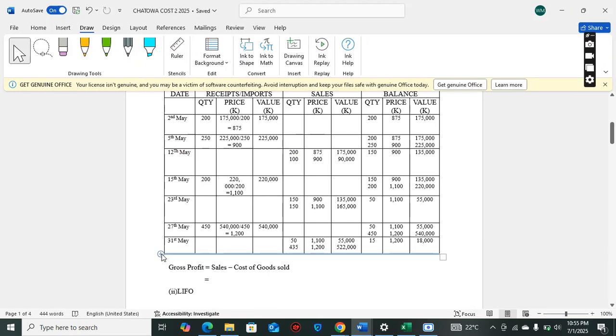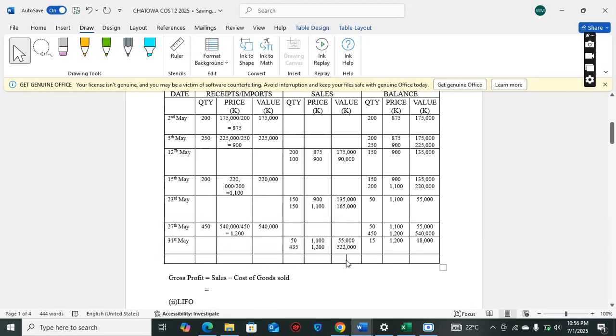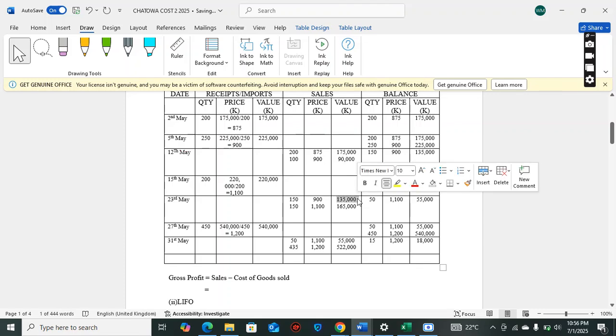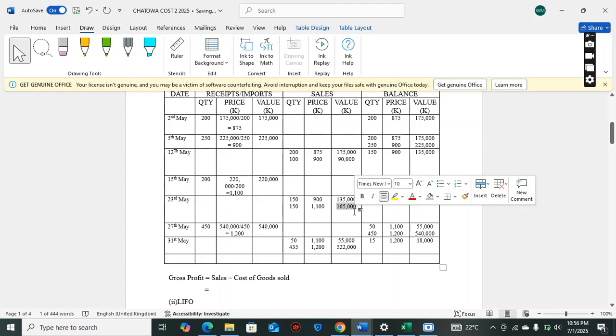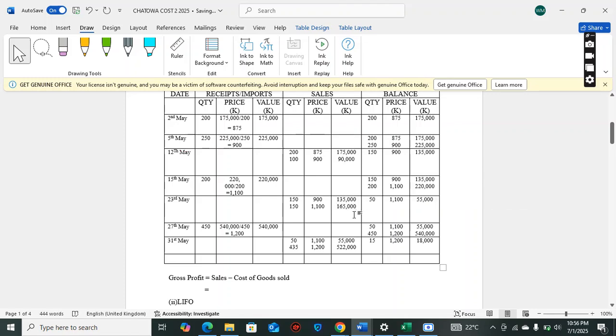So the cost of goods sold here, let's just tabulate our total. We're going to say 175,000 plus 90,000 plus 135,000 plus 165,000 plus 55,000 plus 522,000.